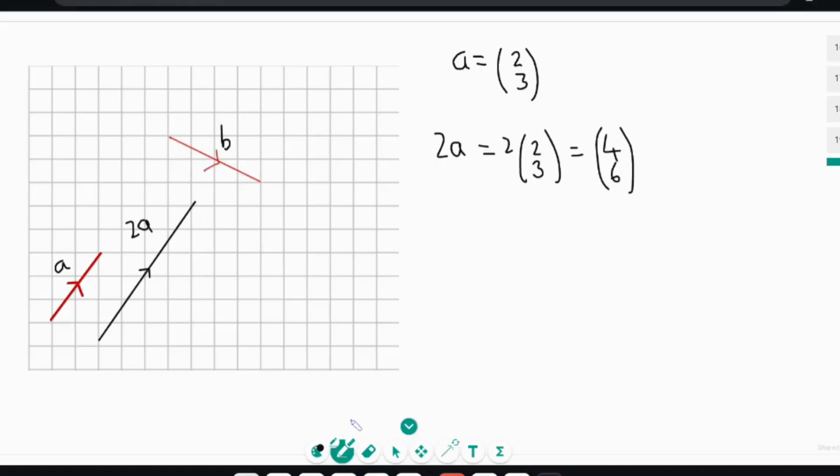We can also add and subtract vectors. So how do we get A plus B?